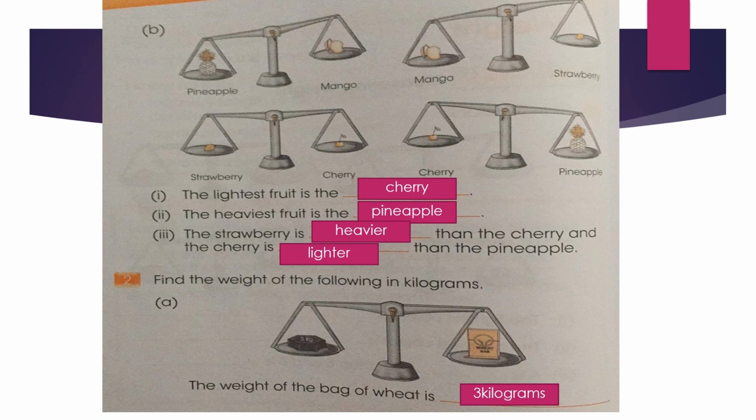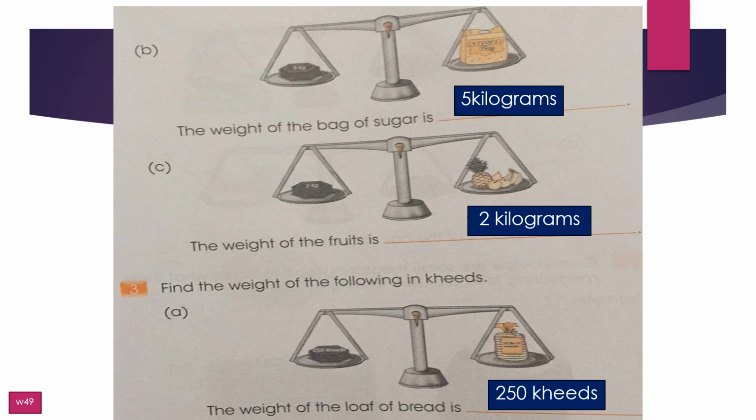Next is, we can see this on page 49 of your workbook. So letter B. So this is a sugar, bag of sugar. Okay, so the weight of the bag of sugar is, look at your book, so we can see here 5 kilograms.